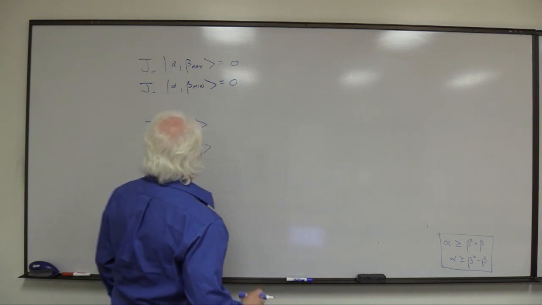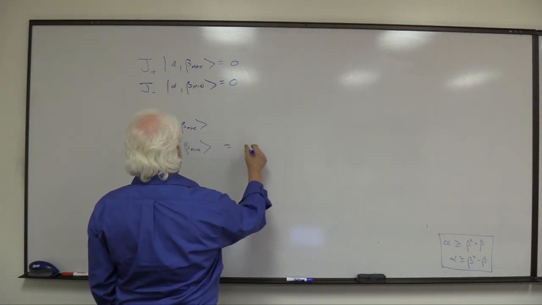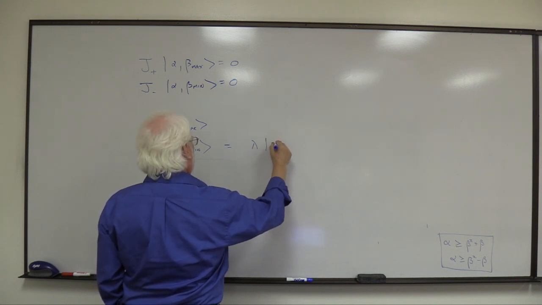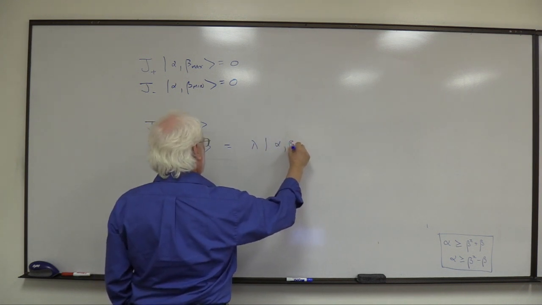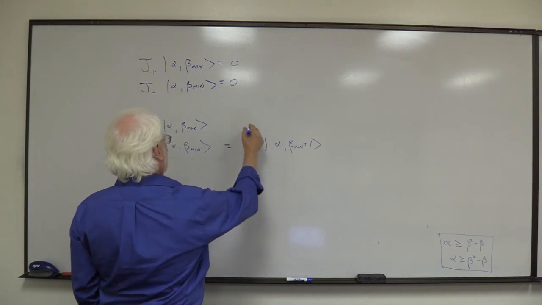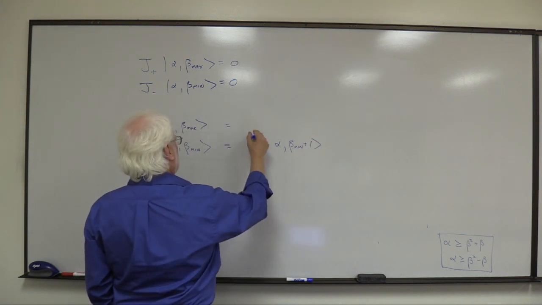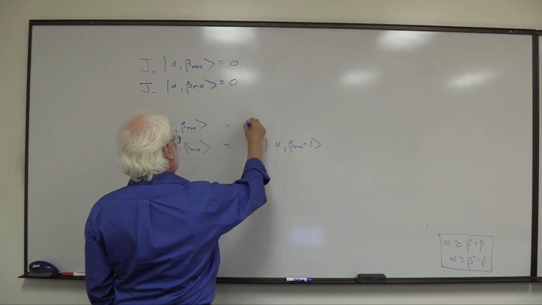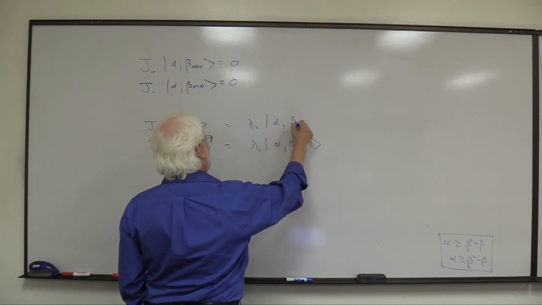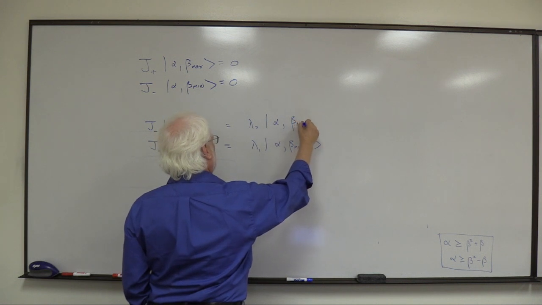So what's going to happen? This is going to be something with an alpha beta min plus 1, and this is going to be some constant, proportional to beta max minus 1.